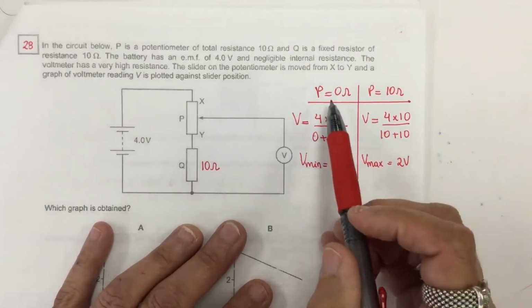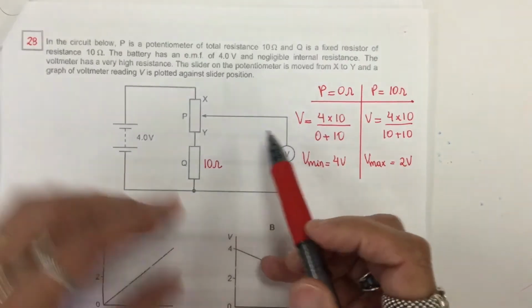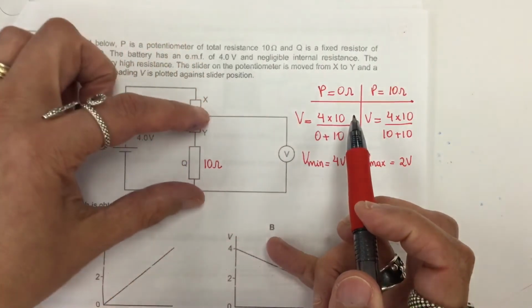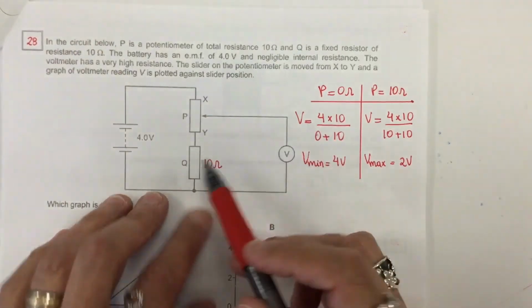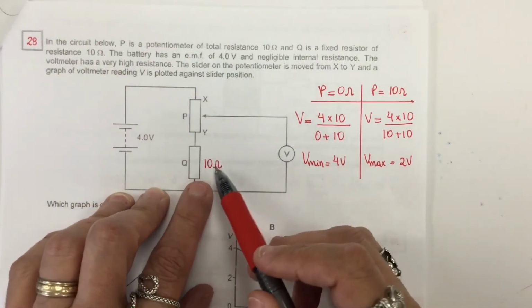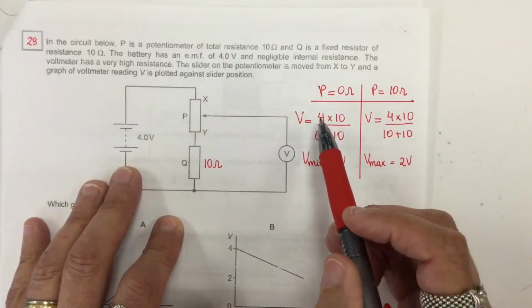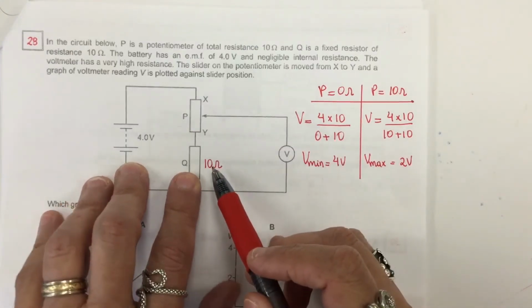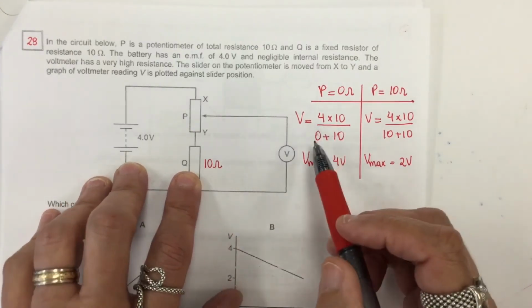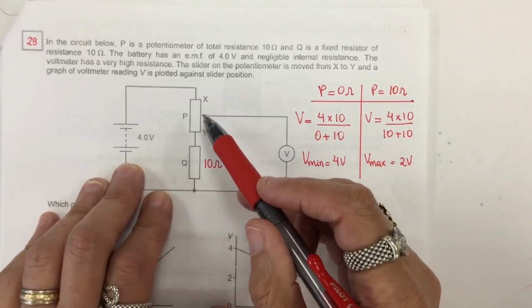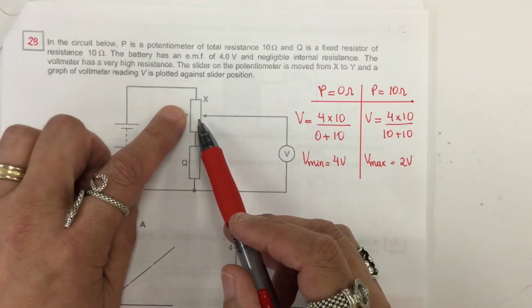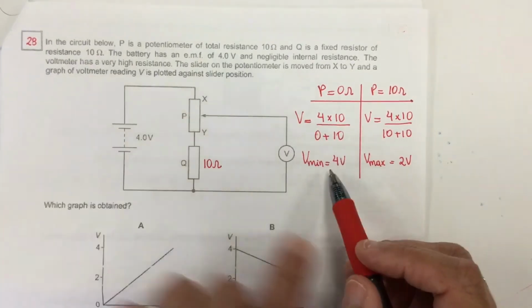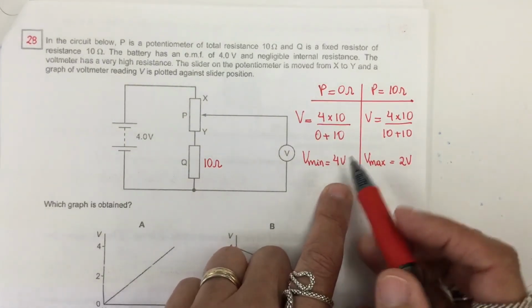Okay, so when P is 0, and because the voltmeter is right here, mainly on this fixed resistor, we are using this 10 right here. So Vn is 4 times the value of this resistor over the sum of the resistors that are in series. In this case P is 0 and this is 10, so it's 4 volts.